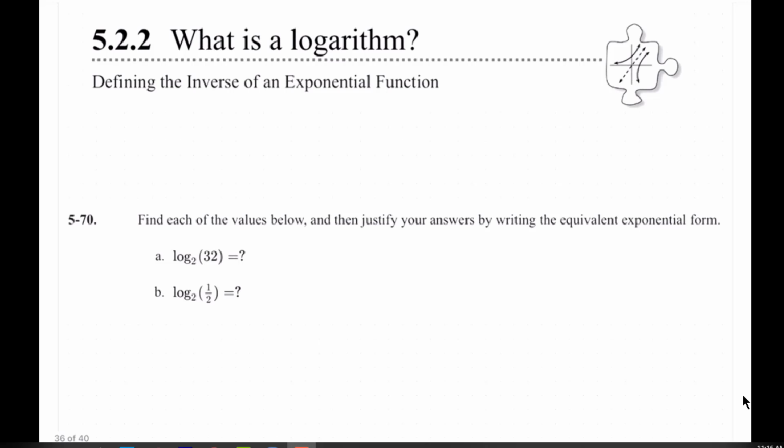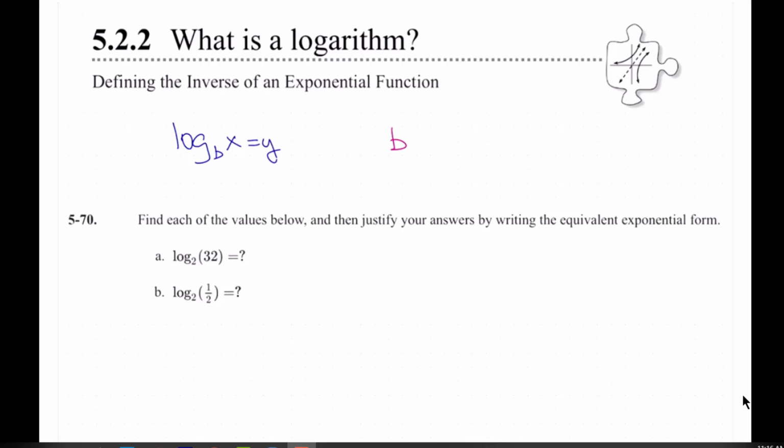If we had log base B of x equals y, because we like y equals, and then we wanted to take that logarithm and turn it into an exponential, our base would be B. Base B, right?